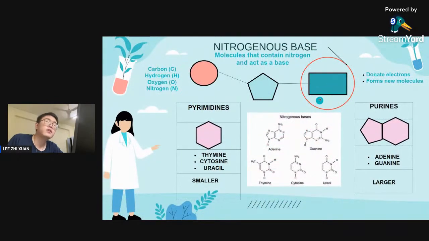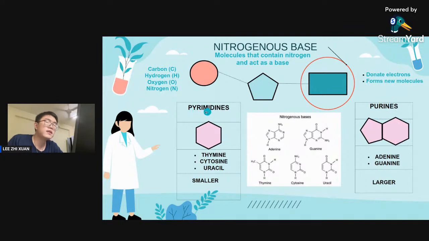Okay, next is about the nitrogenous base. Just now I mentioned that we have 5 types of nitrogenous base. We can divide them into 2 classes: either pyrimidine or purine. The difference is the structure.